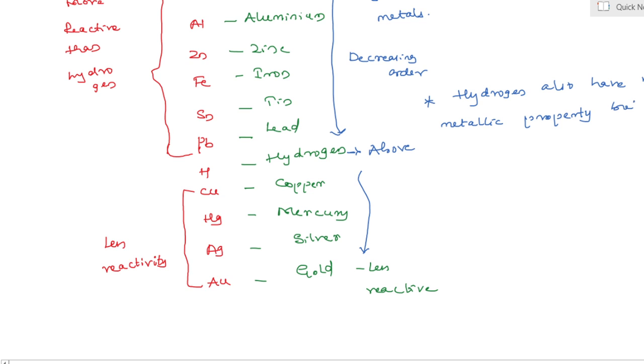but due to its electropositive nature, it has been placed in the reactivity series.